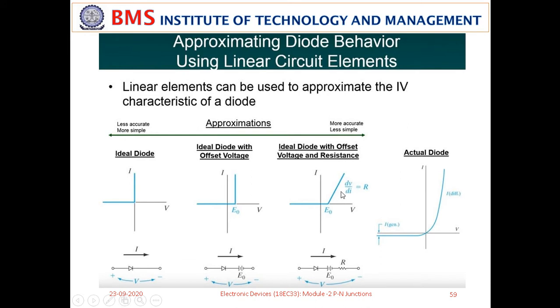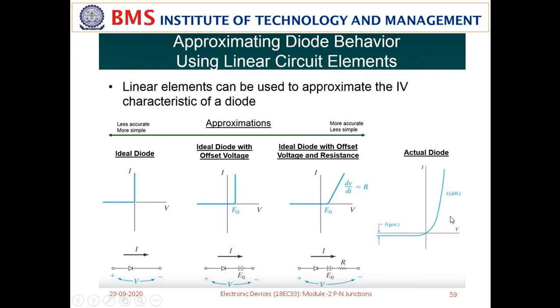This is a more accurate model compared to the first simple model, but in the actual characteristics you can see there is an exponential current flow in the forward bias. So again, we need to add a few more elements here, then you can model these characteristics similar to the actual diode characteristics.